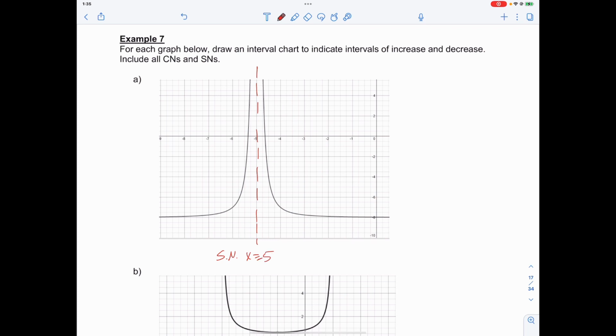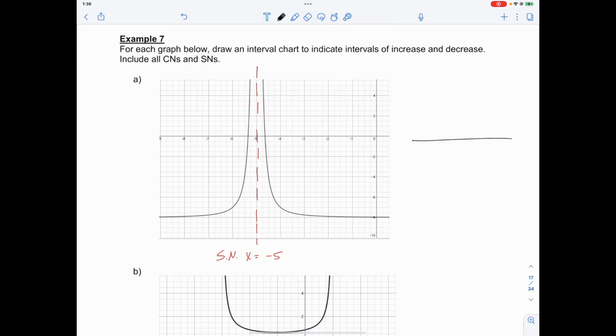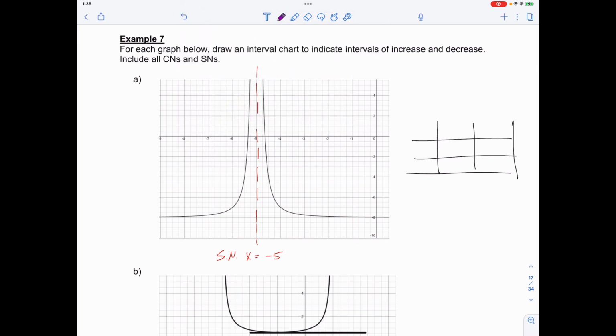And this is actually negative 5. When I'm making my chart, then it's changing at the point of negative 5. So I'm going to say I'm going from negative infinity to negative 5 and negative 5 to positive infinity.